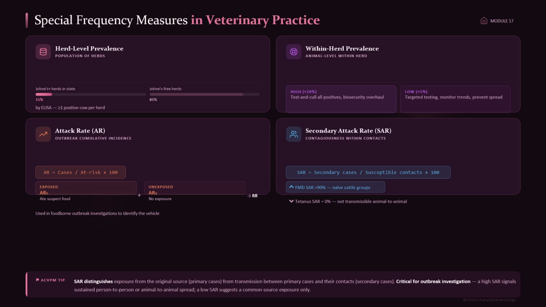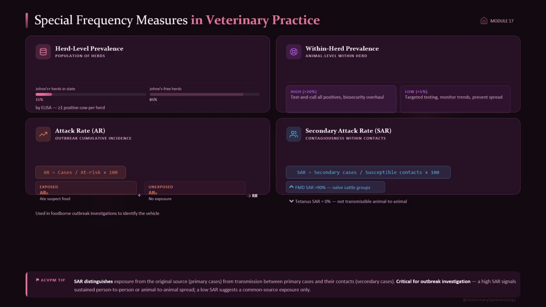Within herd prevalence is the animal level, the proportion of individuals inside a herd that are affected. That's what drives clinical decisions: treatment load, culling, production impact. If 30% of a herd is seropositive for bovine leukemia virus, that shapes how you manage that specific herd. Herd level prevalence zooms out.